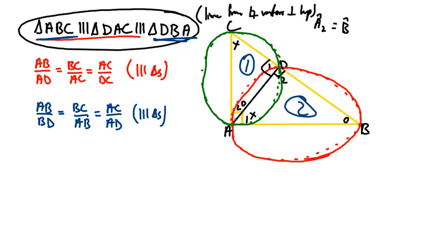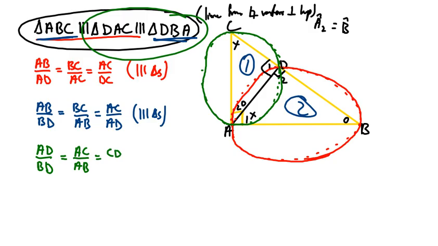So then let's compare the last two, those. According to the fact that they are similar triangles, then I can go AD over BD is equal to AC over AB, and this is equal to CD over AD.